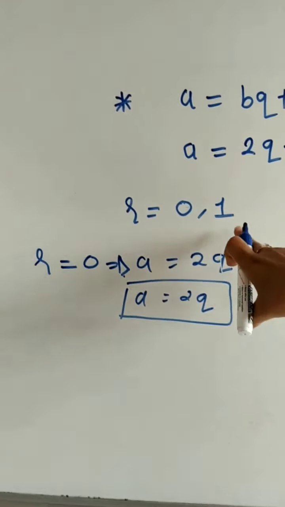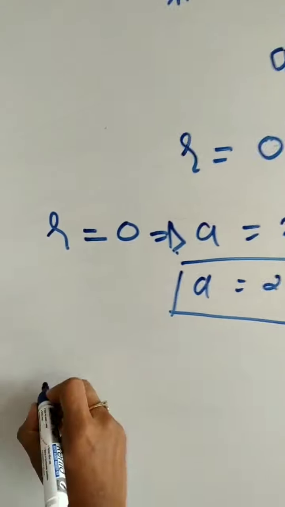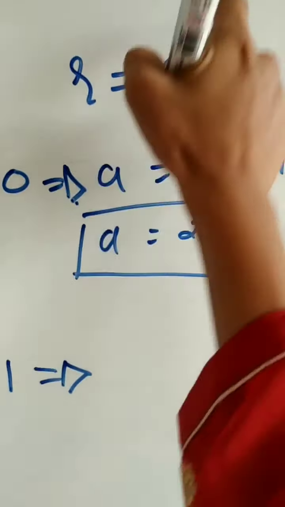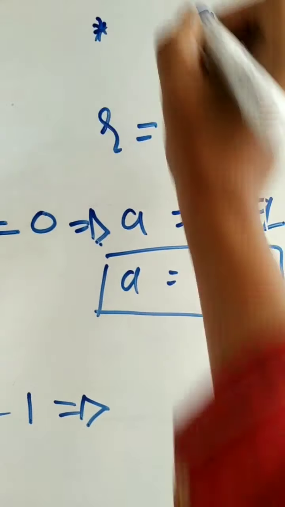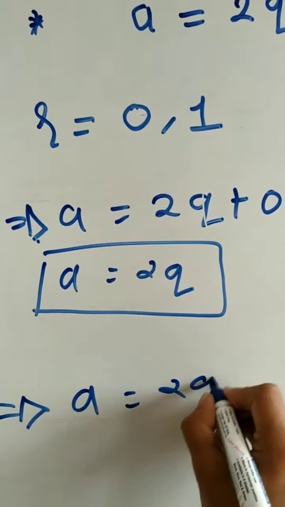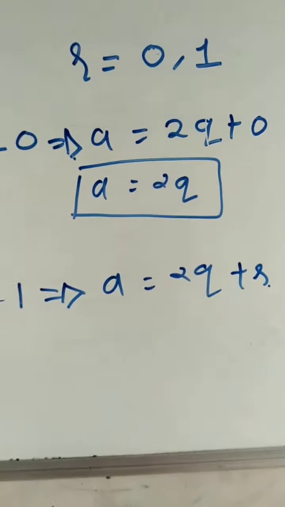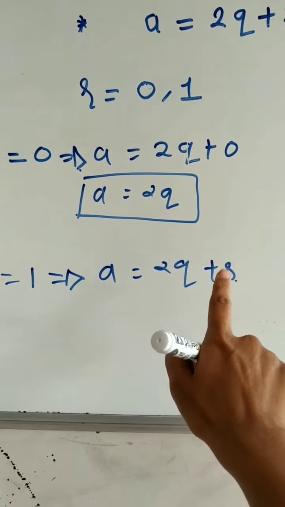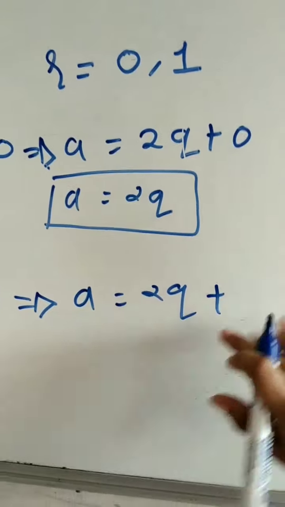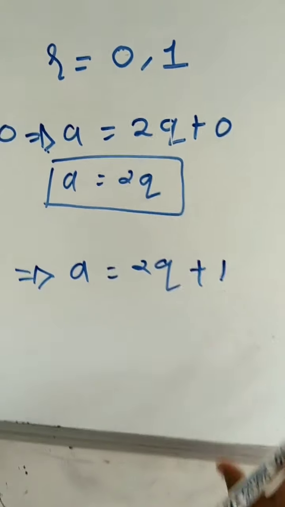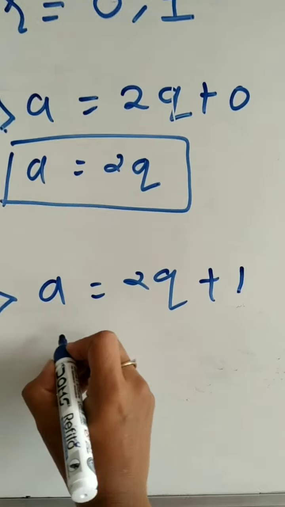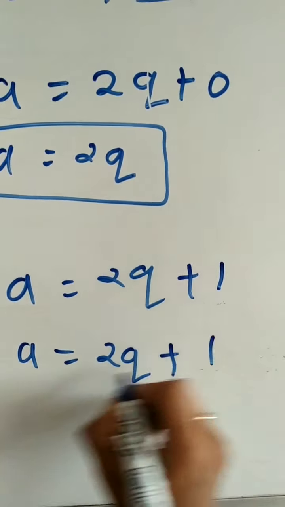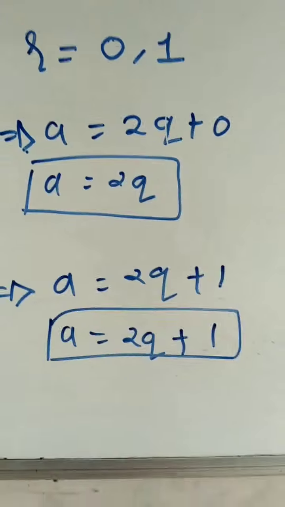Now another value we have is 1, so for r equals 1, when we substitute in this condition, a equals 2q plus r, as I told you the value of r is 1, so we will not write r, but in the place of r we will write 1. So simply I can say that the second condition we got is a equals 2q plus 1.